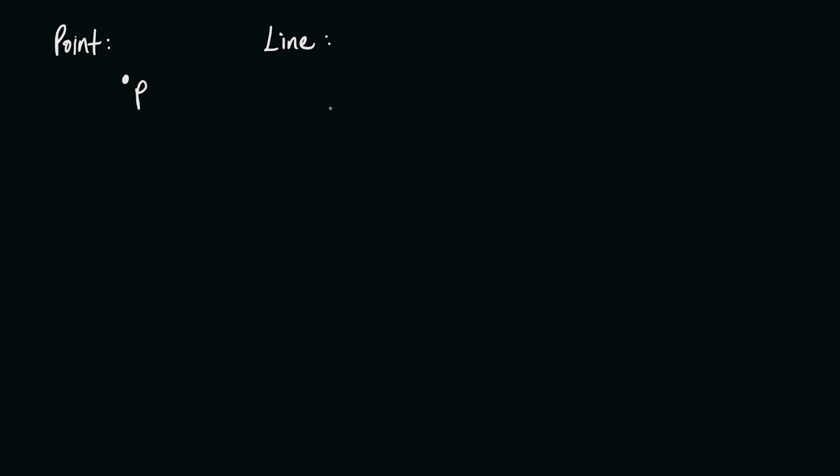So let's say we have line AB. We're going to draw our point A, and then we're going to draw a point B here. And don't forget about the arrows at the end for a line. That is mainly what a line is.